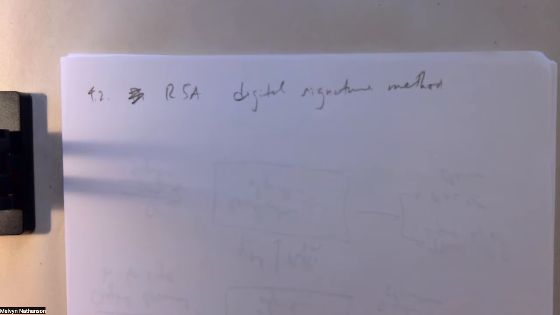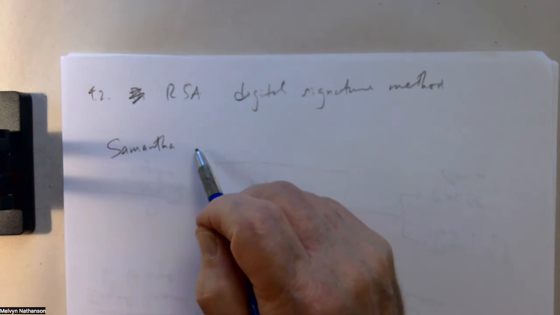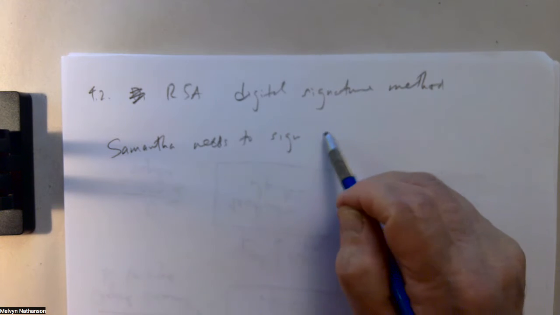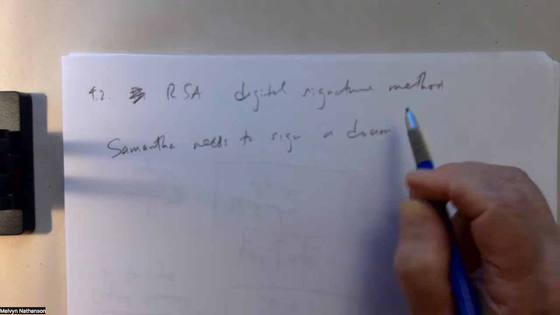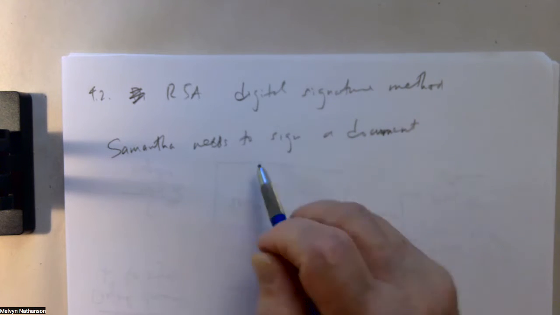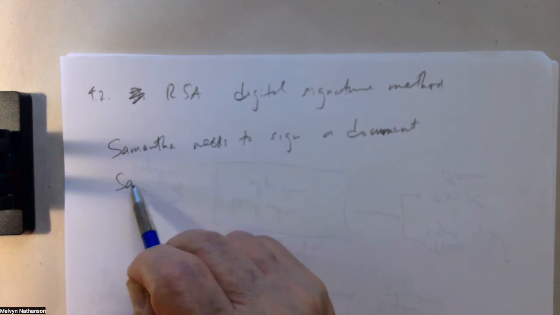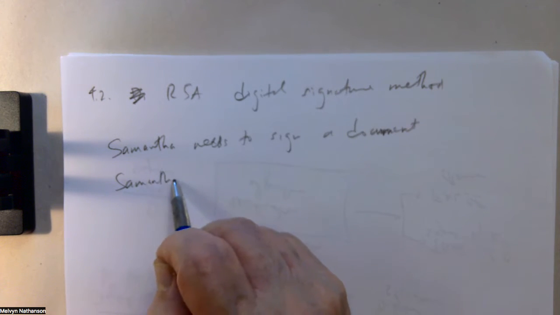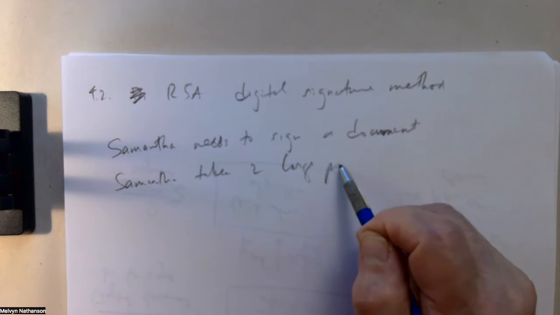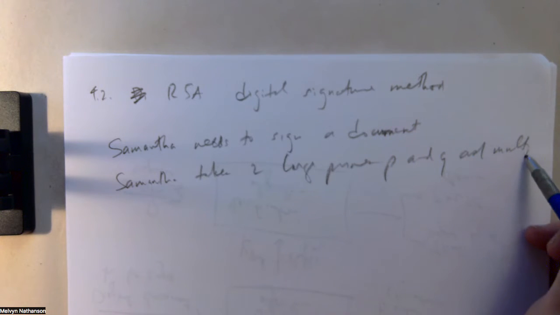So suppose Samantha, that's the name of choice in this section, needs to sign a document to confirm that she's really the person sending the document. So what Samantha does is take two large primes, P and Q, and multiplies them.